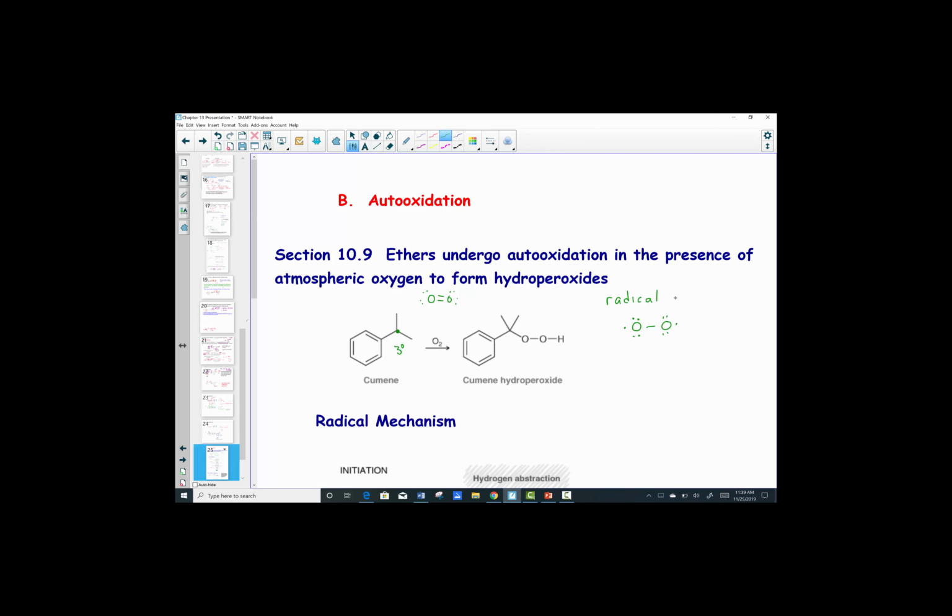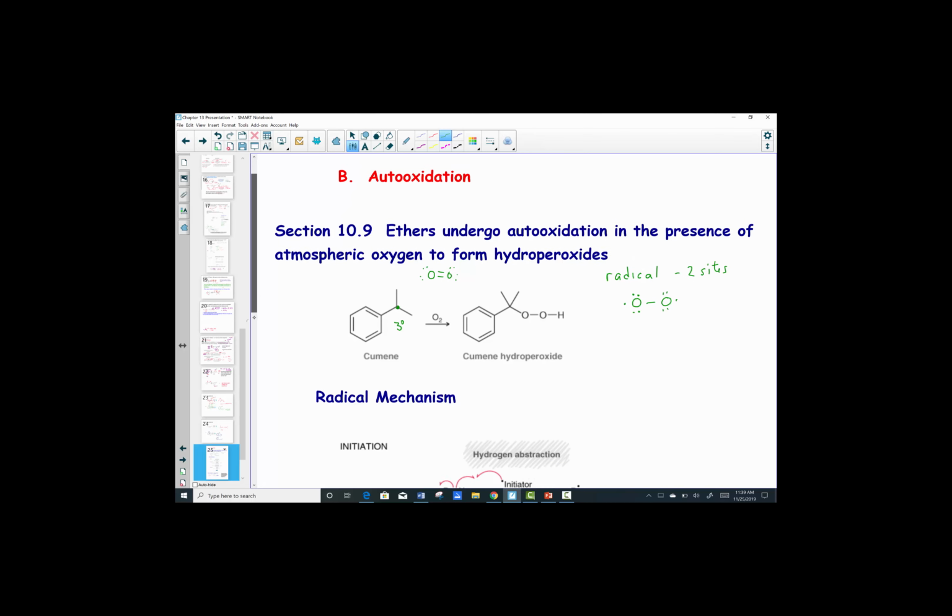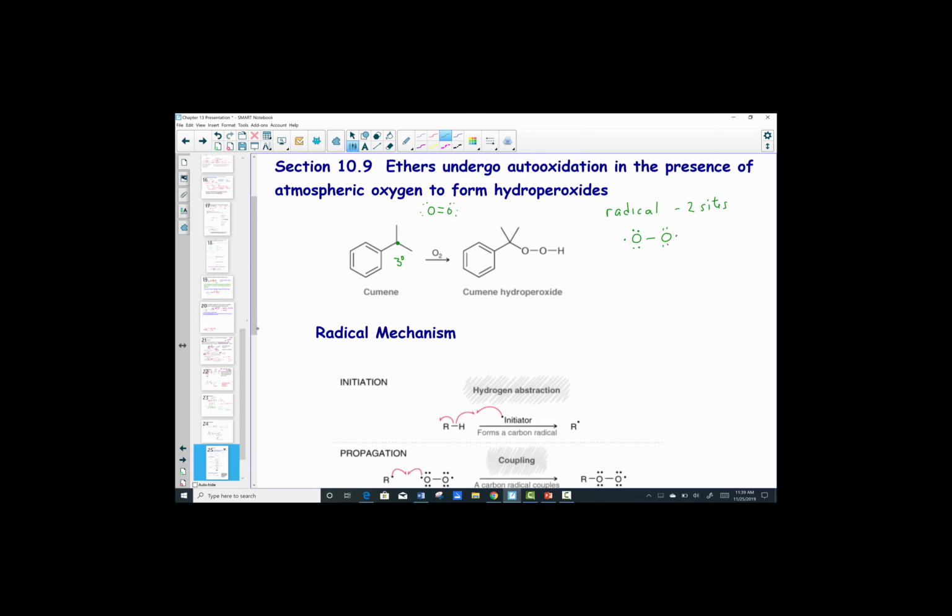So oxygen as a radical has 2 sites available for perpetuating radical mechanisms. So when you see oxygen on the arrow, think of it actually as a radical with only a single bond forming. And that single bond between the two oxygens allows one lone electron on each of those.